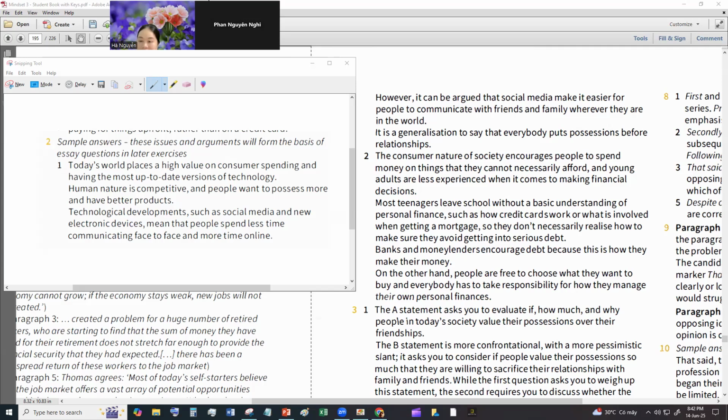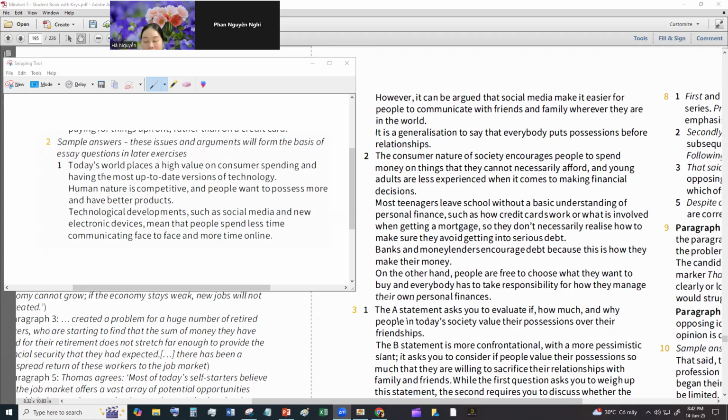I finished. Okay, so let's look at statement number one. People placing more importance on material possessions. So are there any new ideas to you? Do you need me to explain any point? No, I don't.